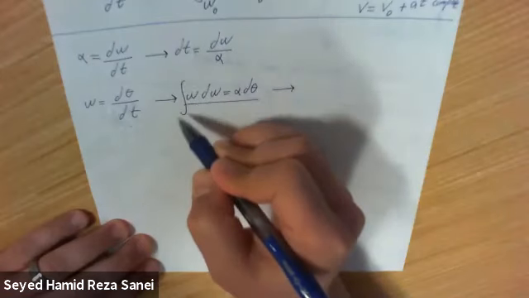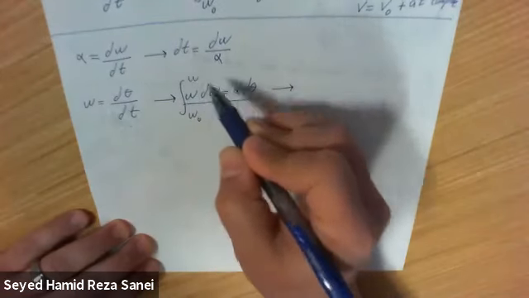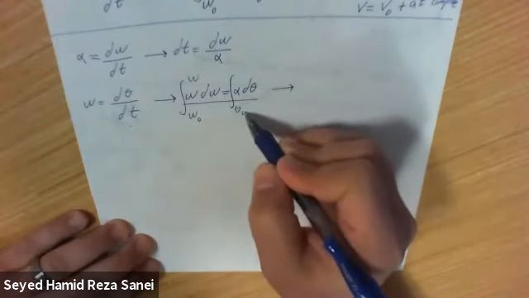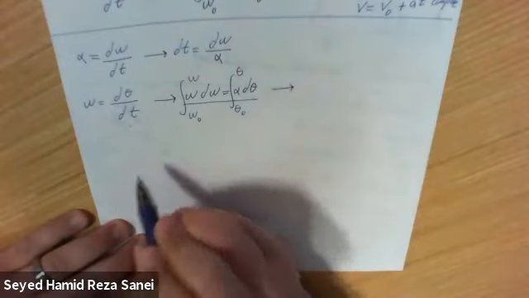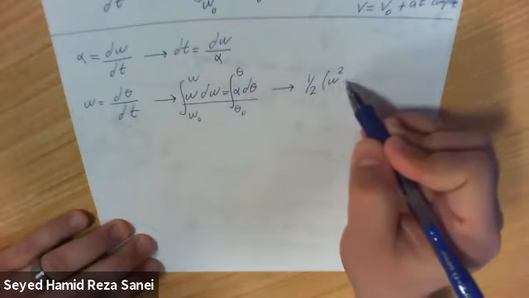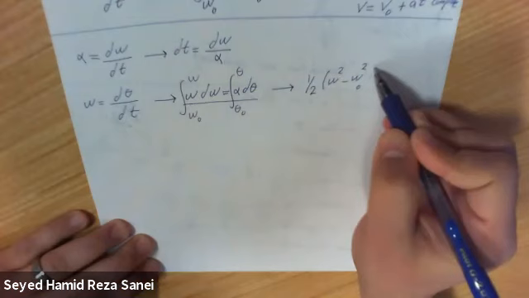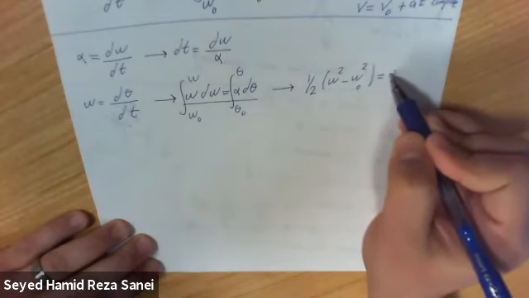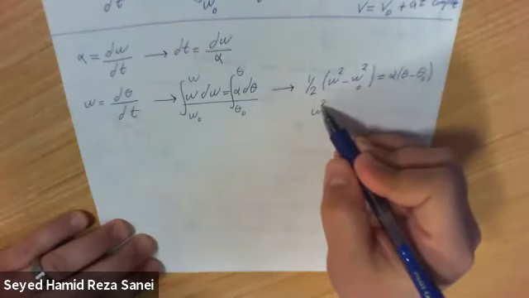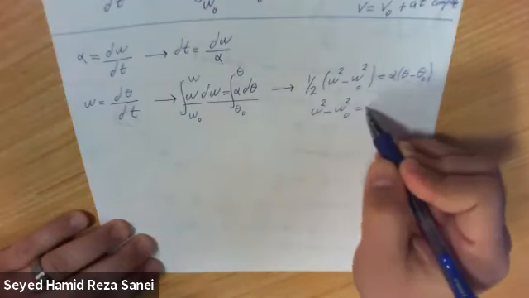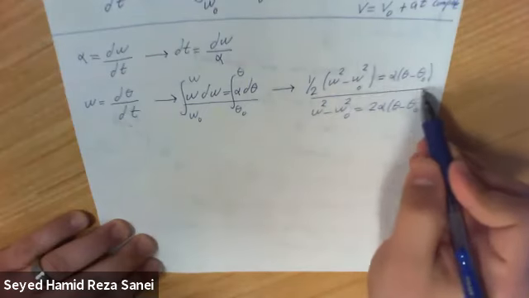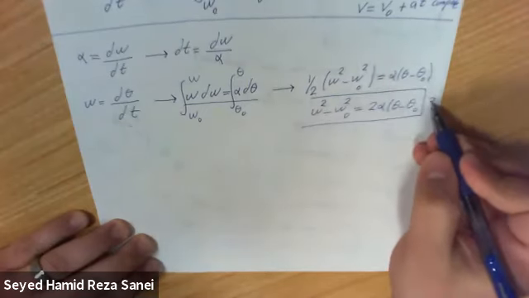Let's say omega naught to omega, and theta naught to theta. So the integral of omega d omega would be half of omega squared minus omega naught squared equals alpha times theta minus theta naught, or usually written in this format, omega squared equals omega naught squared plus 2 alpha. So this is our third equation, or equation independent of time.